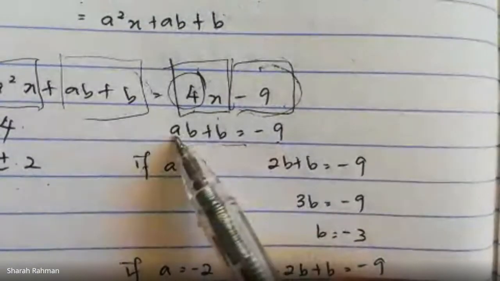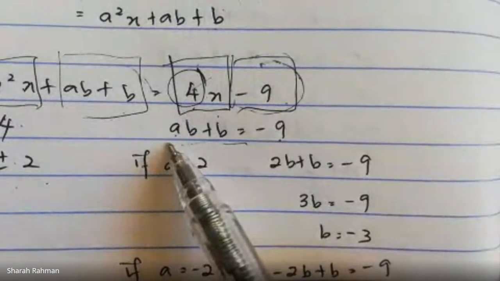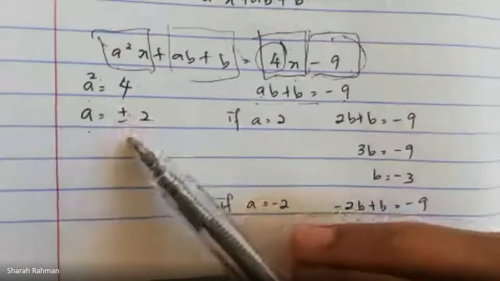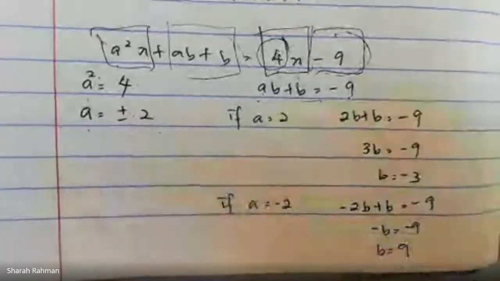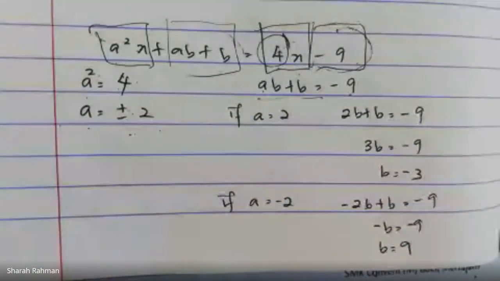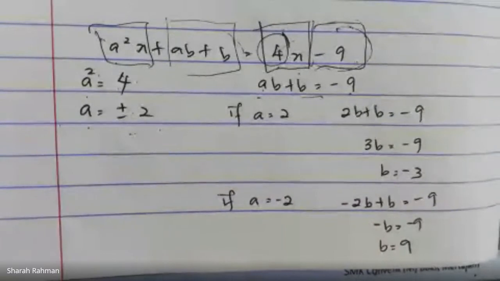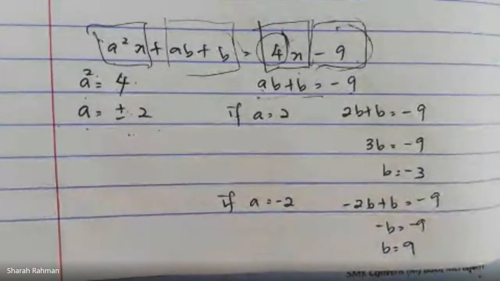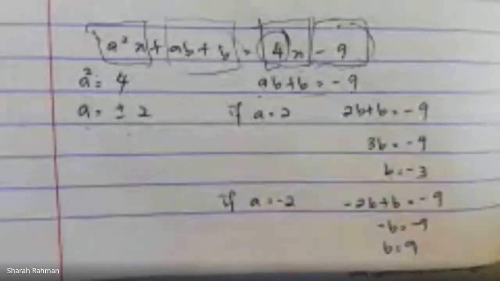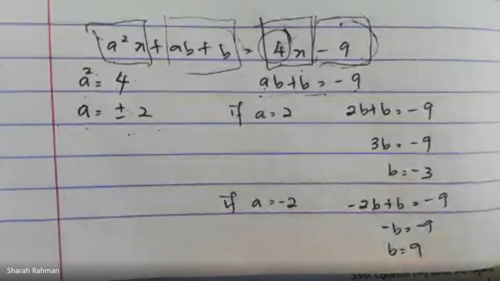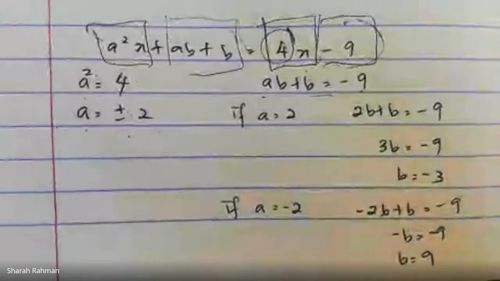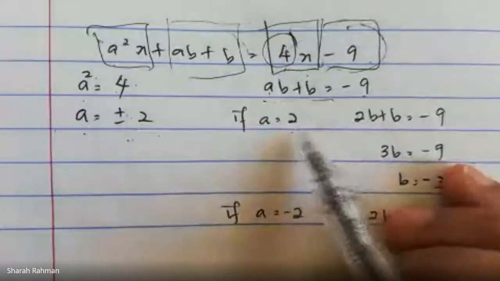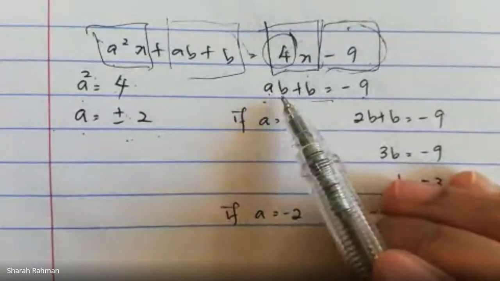Then we have the value of a. As before, we find the a, we have two values of a. Means here we must find two answers. One we use the positive a, positive 2. Another one we use negative 2. So we do, okay, we substitute 2 inside ab plus b.